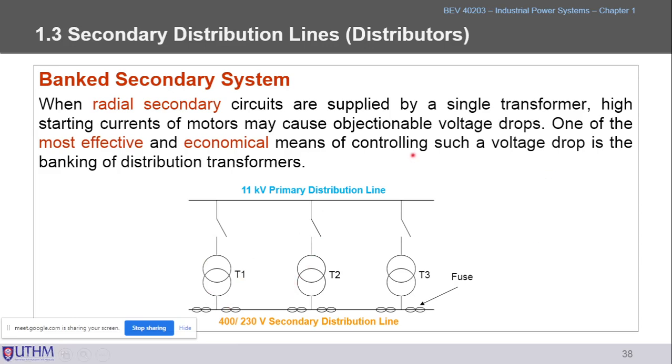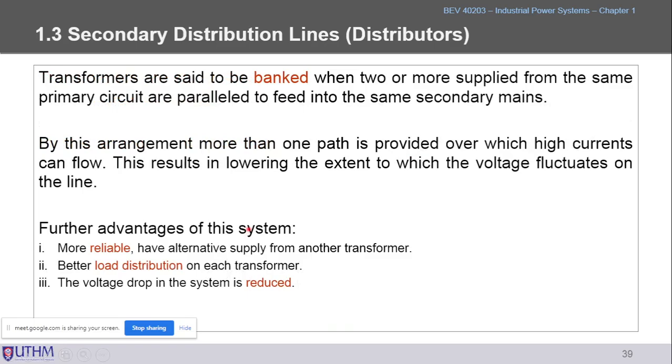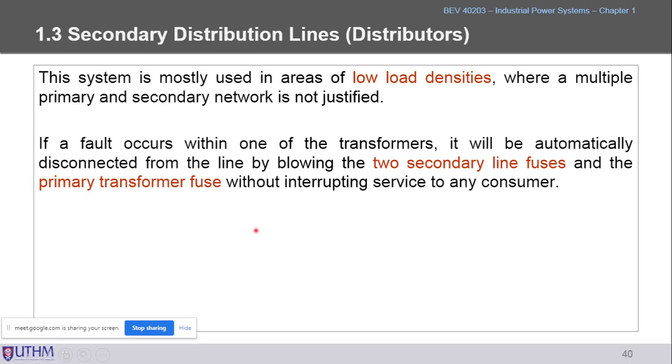Especially in the factory, let's say one part of our plant is going to have maintenance, we switch off this one, and then we can get the supply from another one. So this is the bank. It is a very reliable supply.